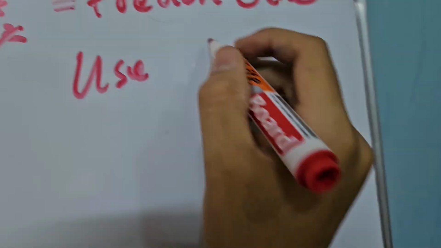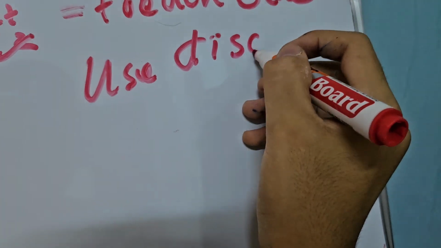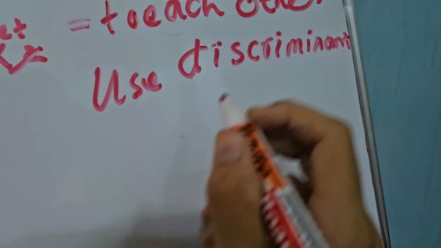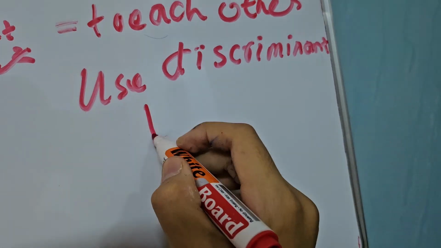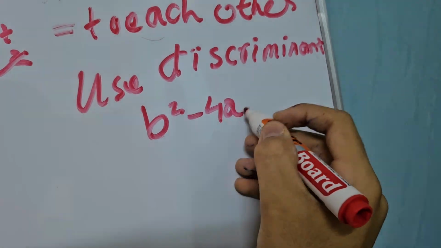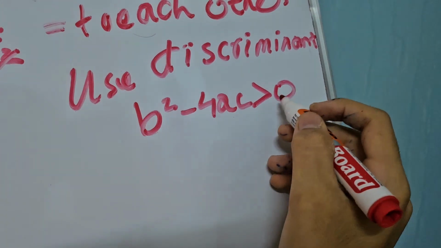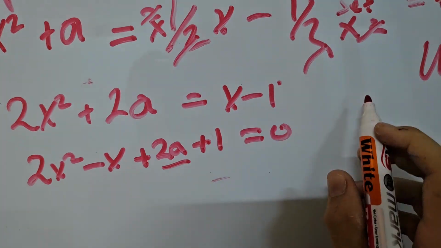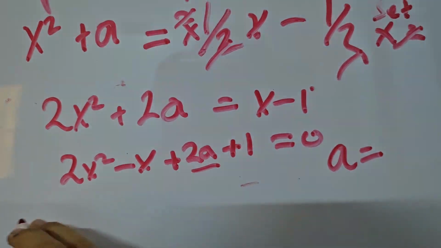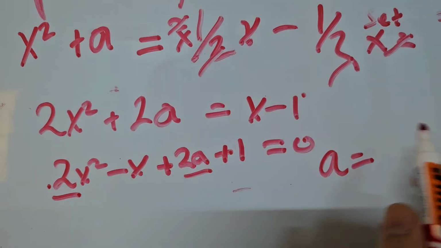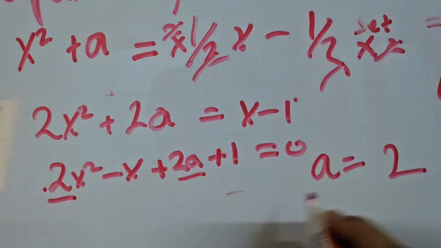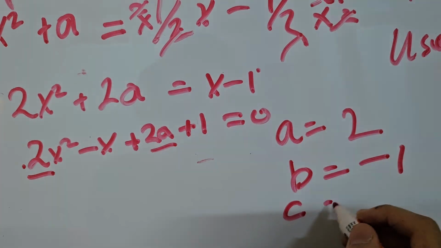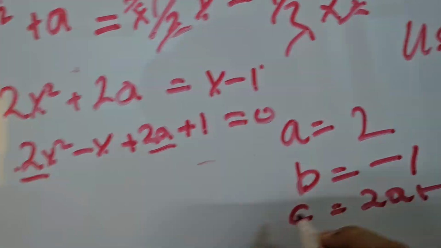So we need to use the discriminant, b squared minus 4ac is greater than 0. Here a is 2, b is minus 1, and c is 2a plus 1.